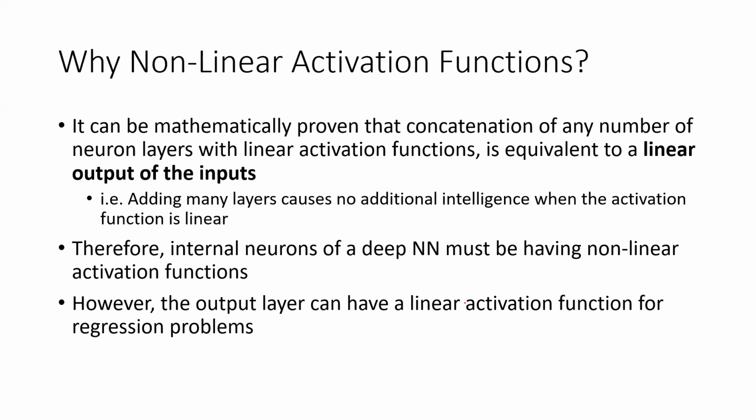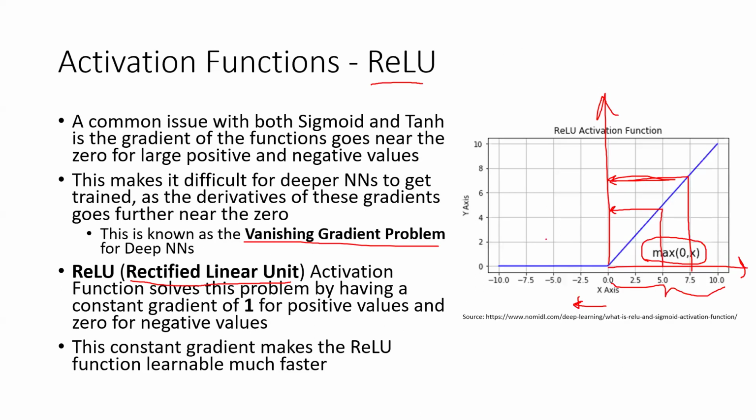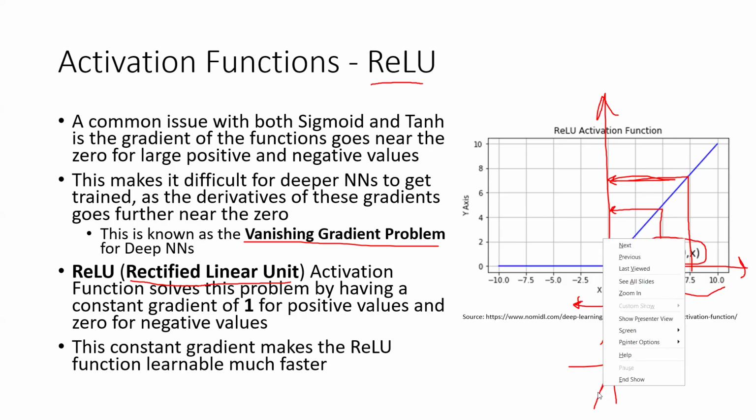I mean, by just looking at this ReLU activation function, you may get that idea, right? So why can't we use an activation function like this? So if this should be 0, right? Why can't we use an activation function like this?